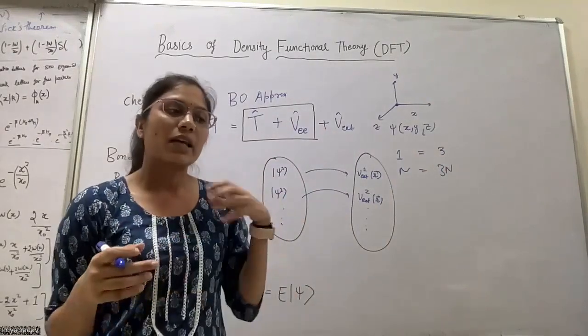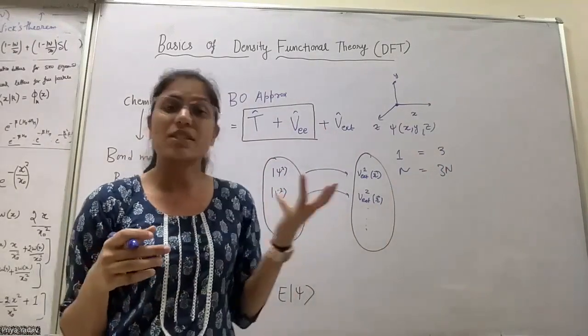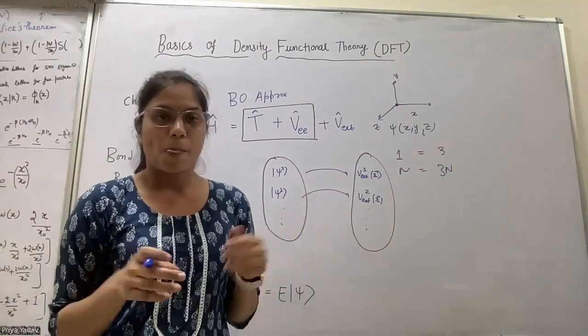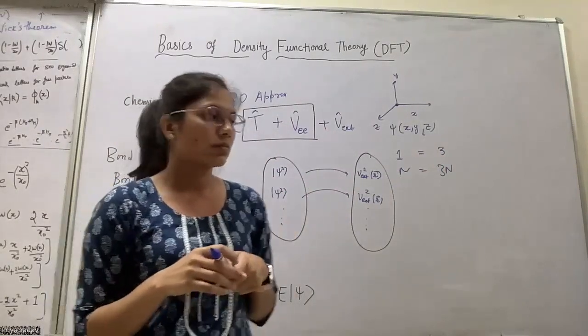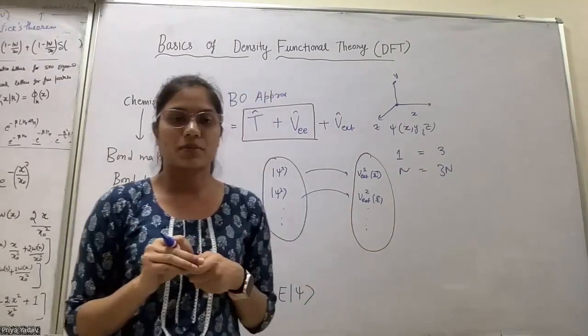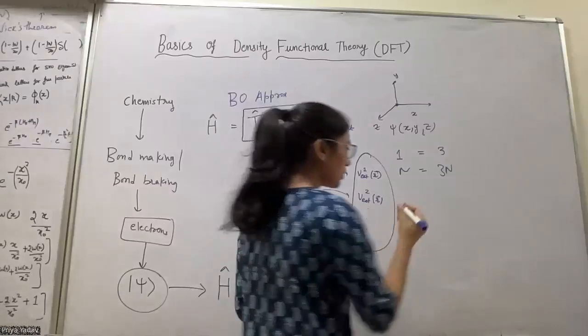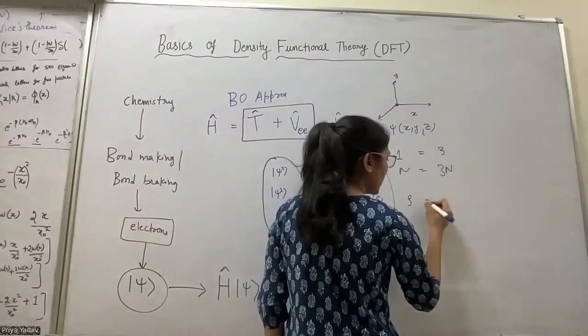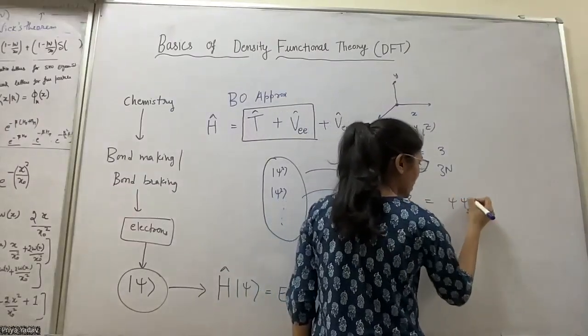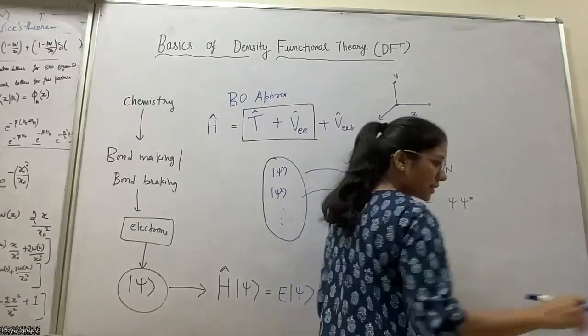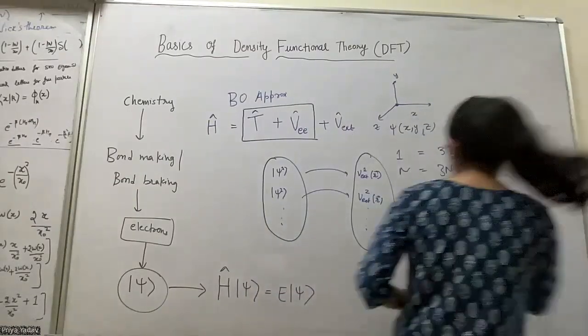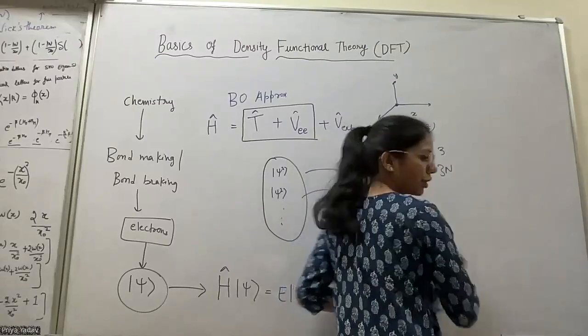Whereas the electron density depends on just 3 coordinates. Now you can ask how the probability density depends on just three coordinates, because I get my probability as psi times psi star.